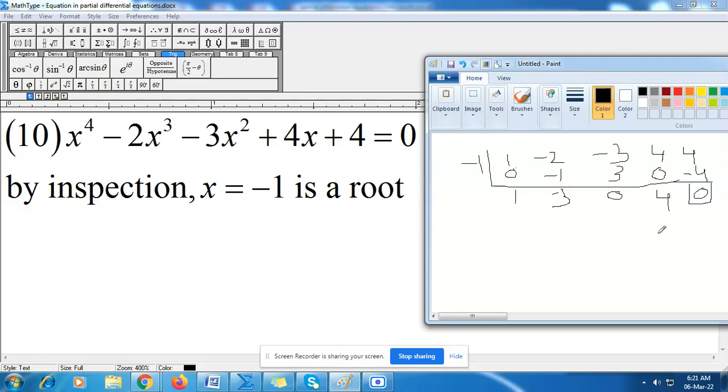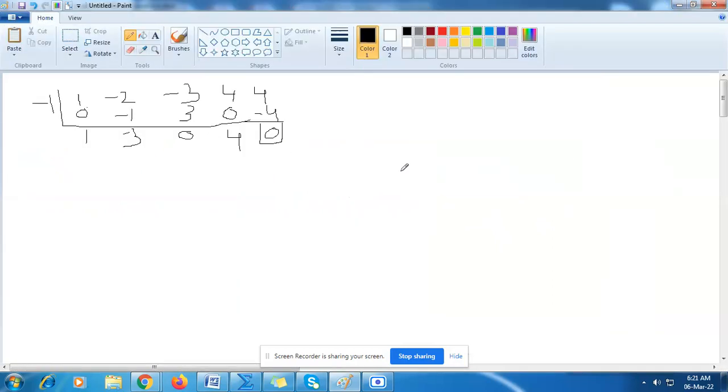If the last number is not 0, then our inspection root is wrong. Okay. Then the fourth degree is reduced into third degree.